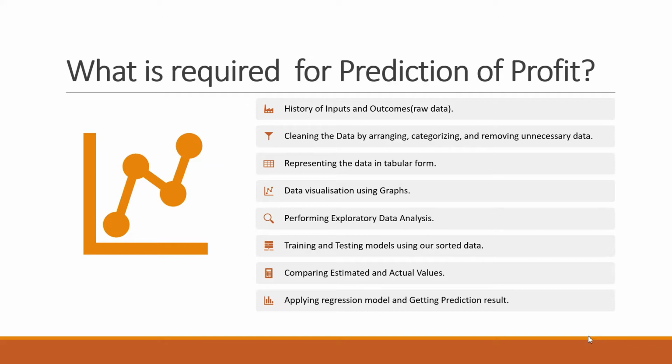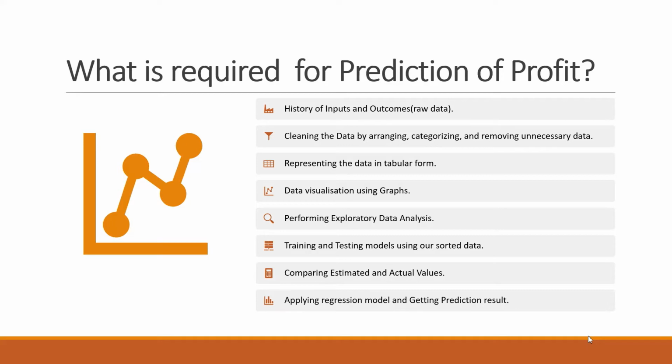But problems come when the attributes are more than two and the rows are many. So we need to visualize the data using graphs, and after visualization we get to know our data. After that, we perform exploratory data analysis, in which we find the standard deviation, variance, mean and all other mathematical terms.